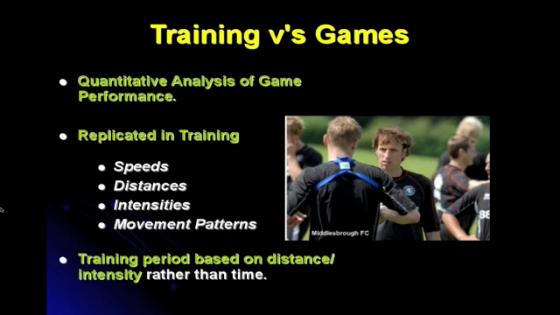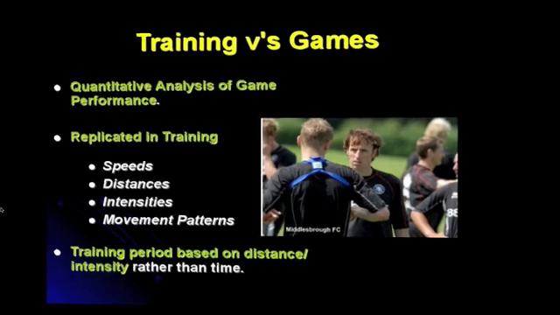Now, the likes of Prozone and Amisco are offering a part of this service because they will give you position and some basic speed and distance information. But if you can then get access to heart rate and acceleration and deceleration and impact and body load data at the same time, that then really brings this to a whole new level of development and intensity, which is really what is required to continue to have athletes adapt and improve their performance.